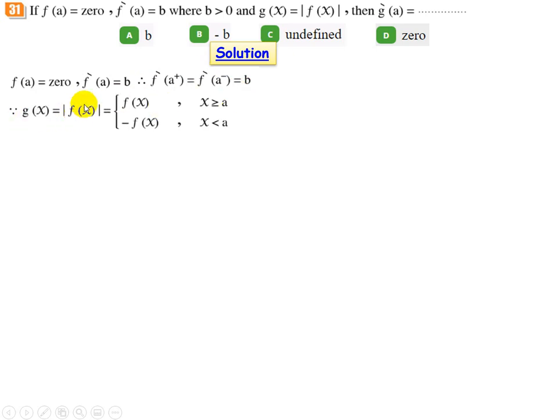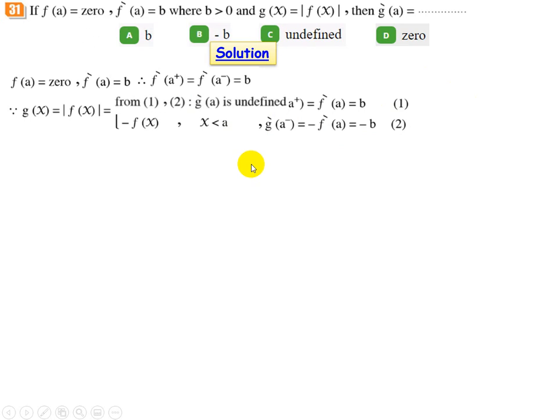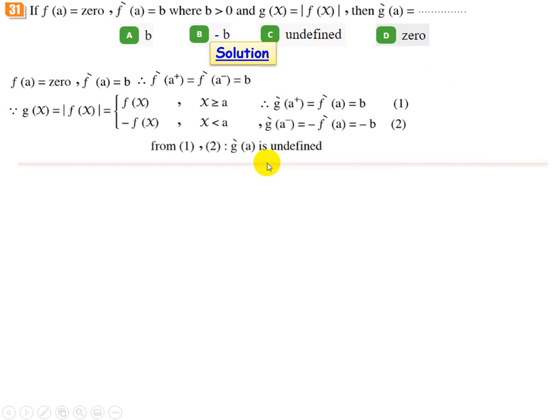Since g(x) equals absolute f of x, which means a piecewise function, one time positive, one time negative, when x is greater than or equal to a, smaller than a respectively. So g dash a from the right equals f dash a, which means b. G dash a from the left equals negative f dash a, which means negative b. From 1 and 2 they are not equal, so g dash a is undefined.